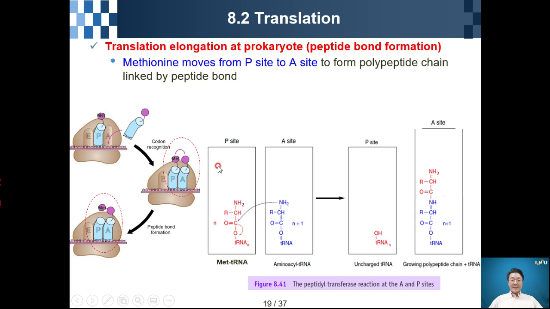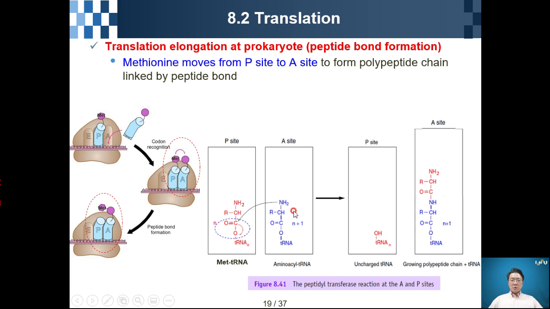If you look at some detailed information, you can see here the methionine tRNA. They have the tRNA connected by a carboxyl group and an amine group, and this is the R group. This methionine tRNA has the carboxyl group. The aminoacyl tRNA has the amino group.